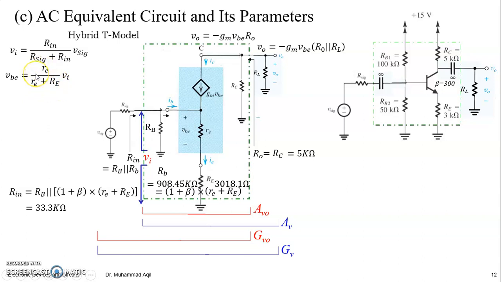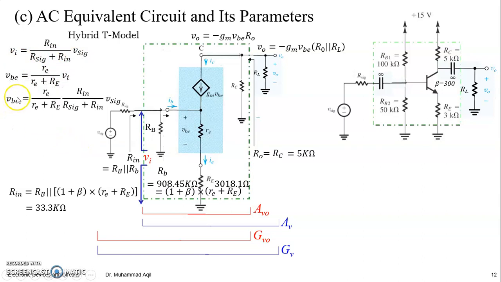The 1 plus beta factor is cancelled out from numerator to denominator. So VBE is a part of Vi, or VBE can be written in the form of V signal if we put the value of Vi here.